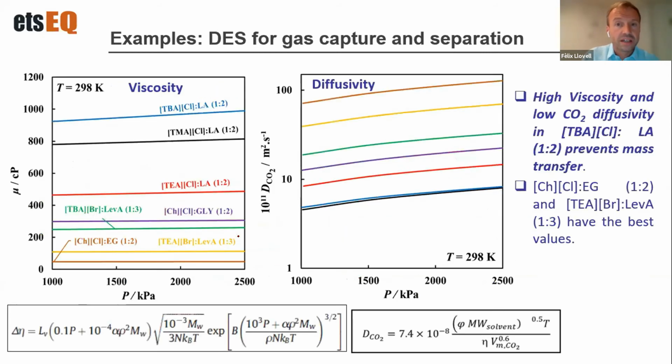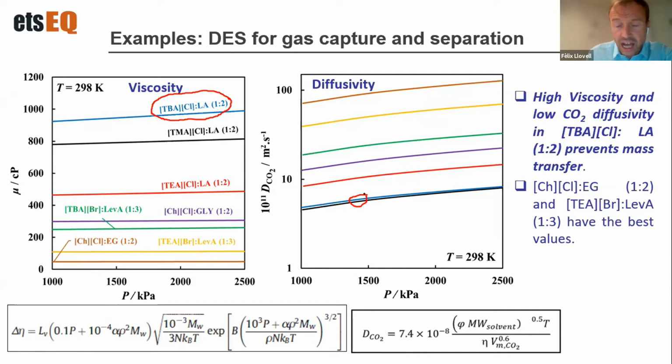However, we cannot stop here. We need to check what happens with the transport properties. And here we perform predictions of the viscosity and diffusivity of these compounds. Now, when doing these calculations, we realize that the best solvent in terms of thermodynamic properties became the highest viscosity solvent in terms of transport properties, having a high viscosity and a low diffusivity.